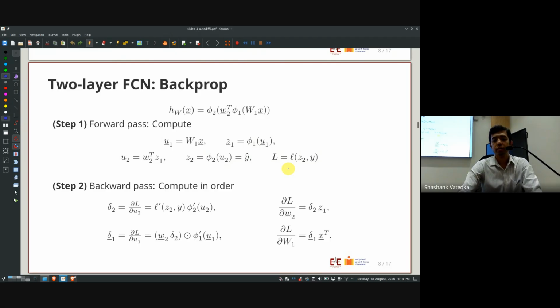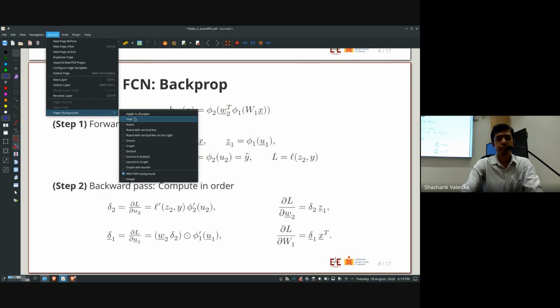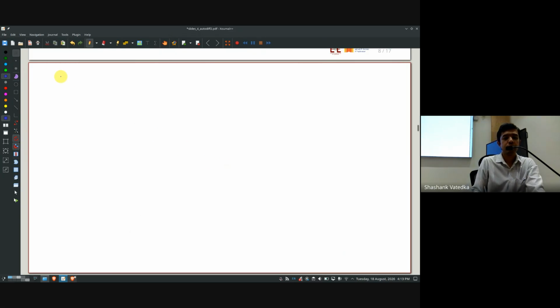All right. So for the backward pass to compute the derivatives, the first step is, of course, to find the partial derivative of L with respect to the last step. So maybe it will help to represent this in a diagram.